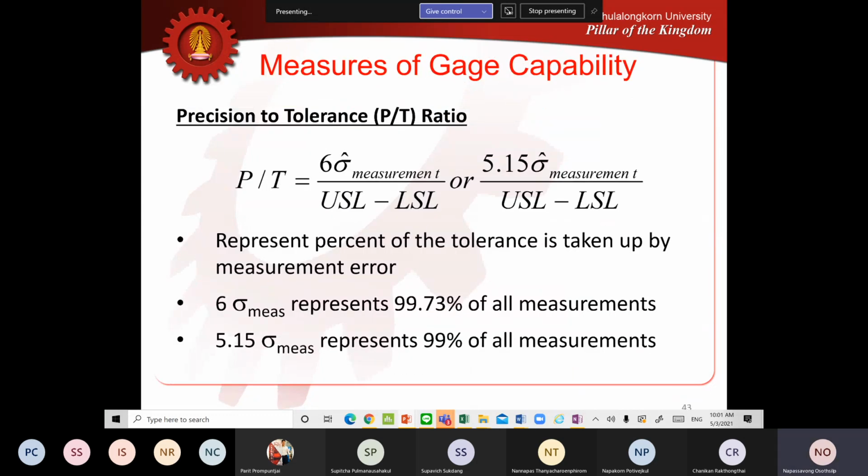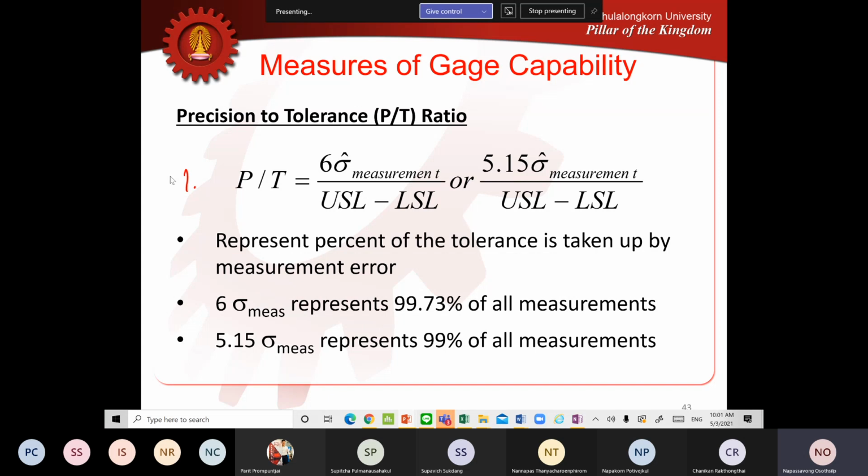Okay, and now we will move to the performance indicators that we use to compare the variation of the measurement system to see if it's large or not. So the first indicator is what we call precision to tolerance ratio.